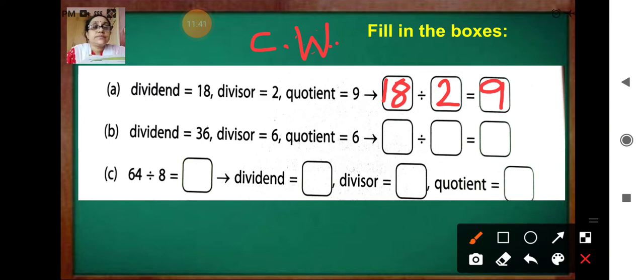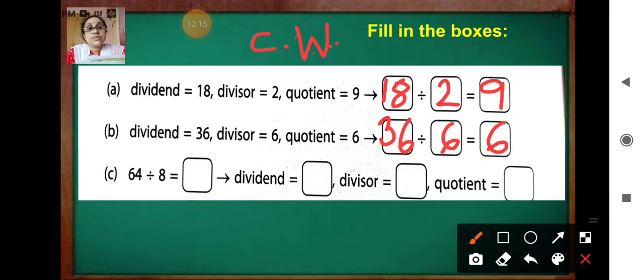Question B, dividend equals 36, divisor equals 6, quotient equals 6. So what will we write here? 36 divided by 6, quotient is given 6. Correct? Now question C, 64 divided by 8.